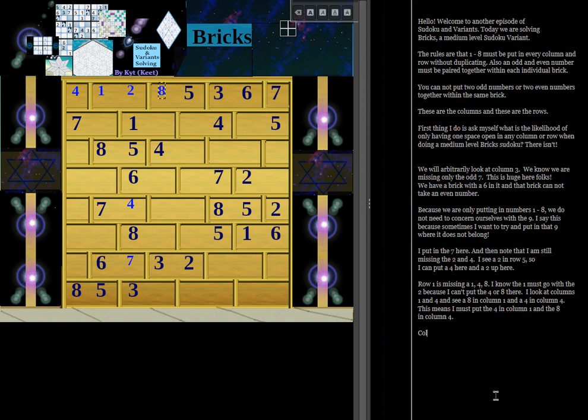Now, column 2 is missing the 2, 3, 4. Now I see a 4 in row 2. This means that I can only put the 2 here.